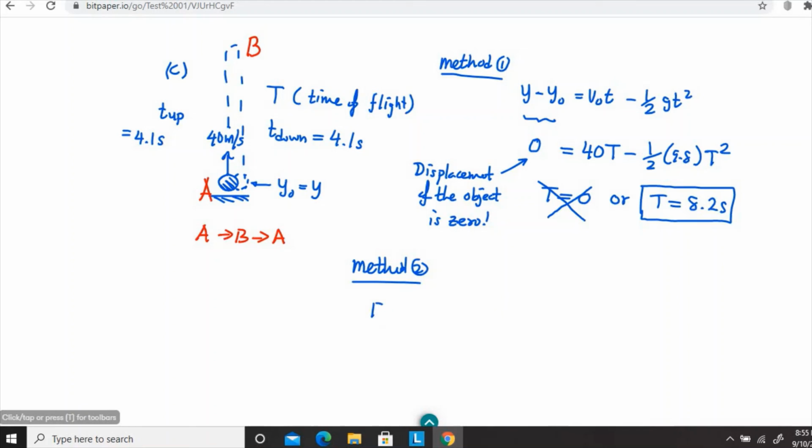So time of flight is equal to T upward plus T downward. And then you get 2 times 4.1 seconds, which is 8.2 seconds. So this is the other way of doing the same problem. Simply looking at the symmetry, we can conclude this, since there's no air resistance, that's the main reason we ignore air resistance.